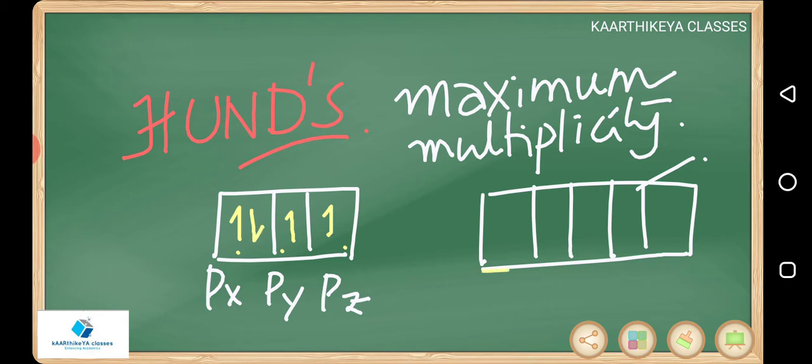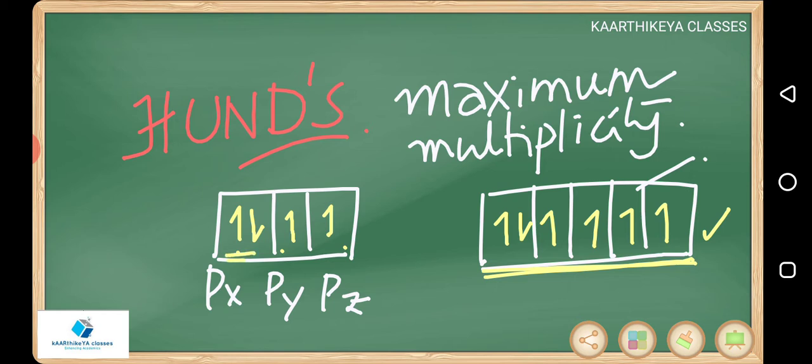For example, these d orbitals, one electron is there, second electron is there, don't pair up, given a separate one. Third electron, fourth electron, fifth electron, all orbitals are now filled with one electron each. Now pairing will start. So in the d orbitals, minimum 6 electrons are required to get a pair. And in p orbitals, there should be minimum 4 electrons to start the pairing.